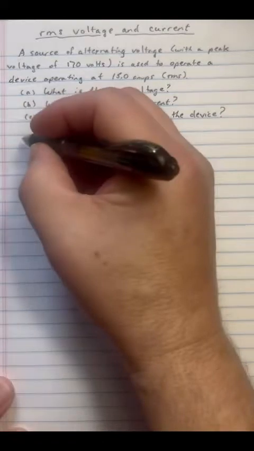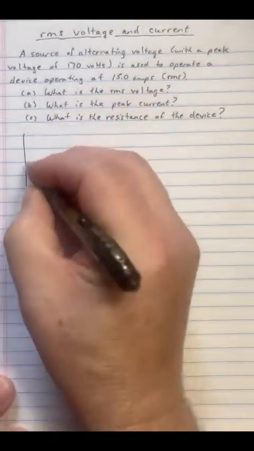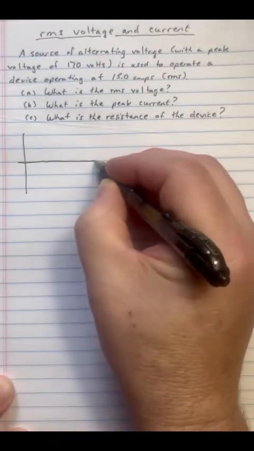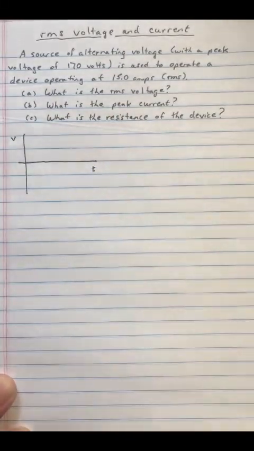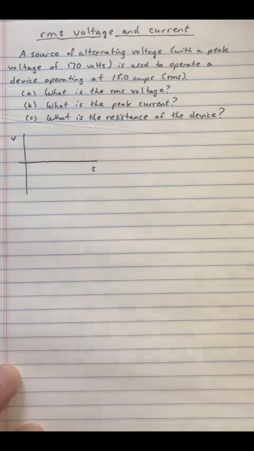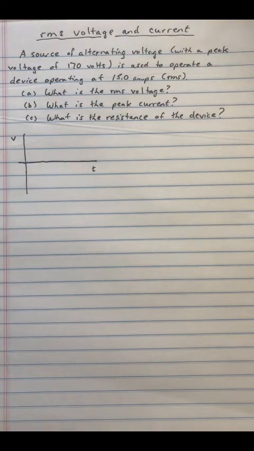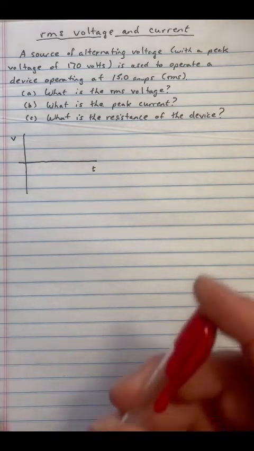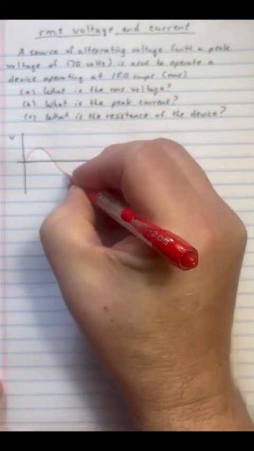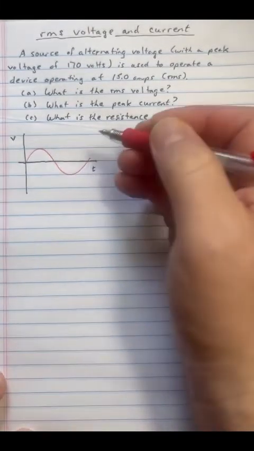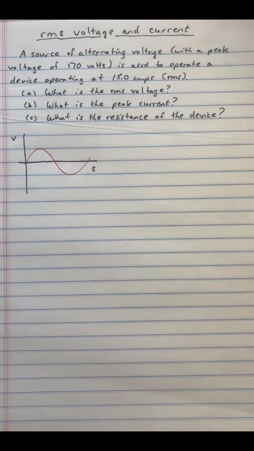All right, so to do a little bit of sketching just to show what this might look like, let's suppose we have voltage versus time, and we're plotting this. As we were talking about before, because it's an alternating voltage, it's going to be increasing and decreasing in a pattern like this. Now, it doesn't necessarily have to be a sine wave.